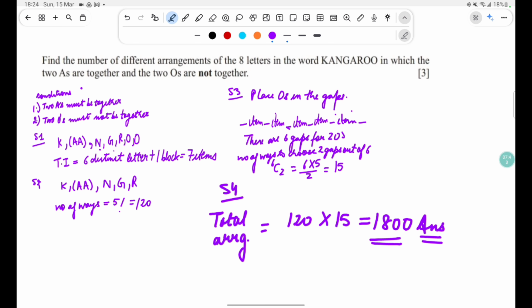So there are total 6 gaps, and to choose 2 gaps out of 6 we have 6C2 ways. So it will be 6 into 5 over 2, that is 15 ways. Now total possible arrangements will be the number of ways to arrange those 5 items, that is 120, and then the number of ways to place O's, that is 15. Now if I multiply both of them, it will be 1800.